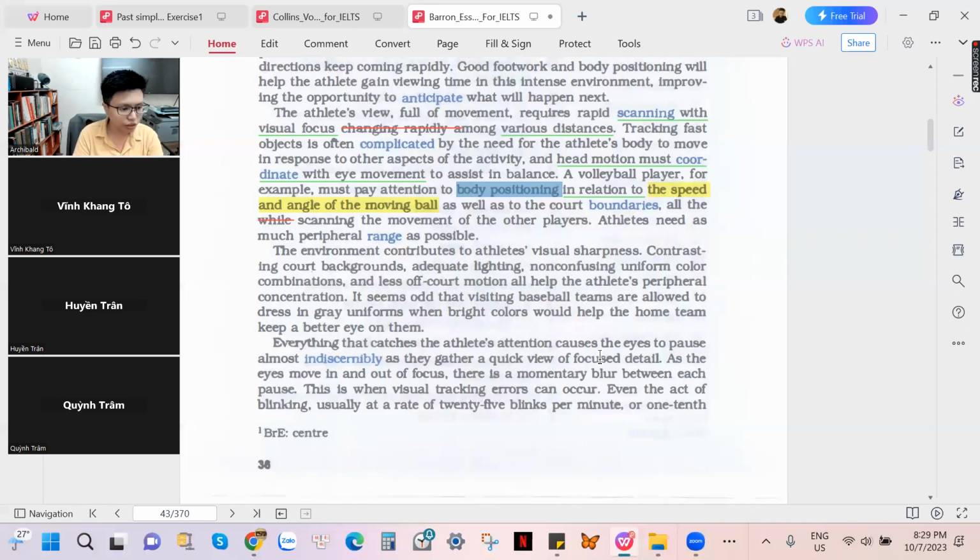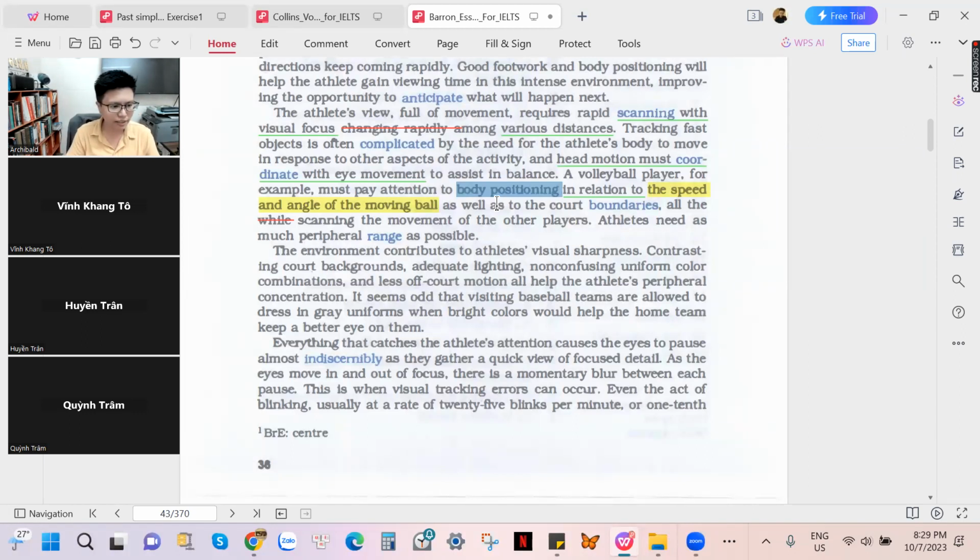So it's different. That is why they say that when the player pays attention to body positioning, the player must make sure he knows the speed of the moving ball, and must guarantee to himself that he knows the angle, the place, the position, the location of the moving ball.